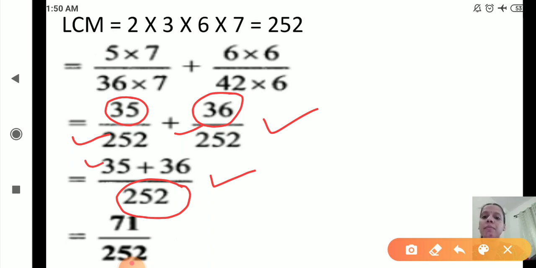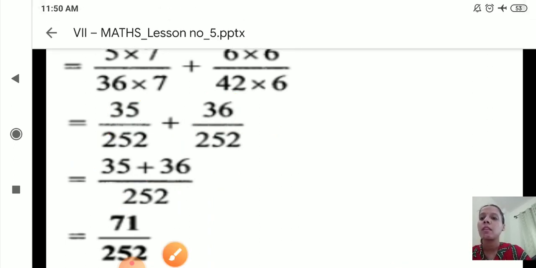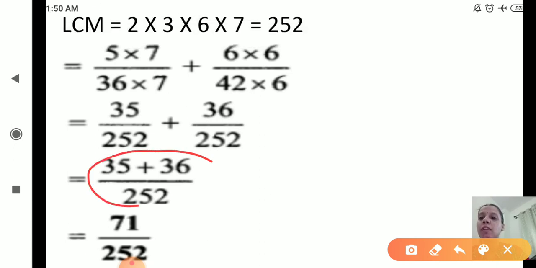See in this step, 35 plus 36, numerator plus numerator, and the denominator we have written only once. If the denominators are the same, no need to write it twice. You will write it only once while doing addition. So I have written 252 in the denominator, and in the numerator 35 plus 36, and down 252 as it is.